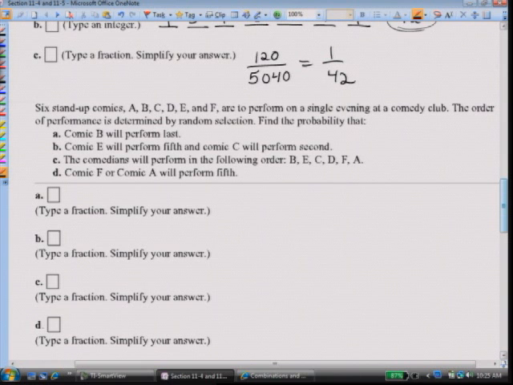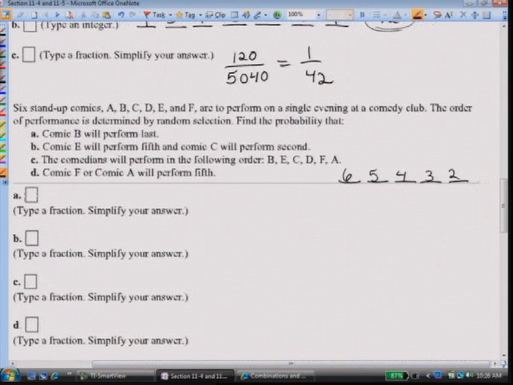Okay. So that means we need to first figure out what our denominator is. What are all the different ways that they could perform? Well, we have 6 comics, and so that's 6 slots, right? And so we have 6 choices for the first comedian, then 5, then 4, times 3, times 2. I'm going to draw a 6th slot, okay?